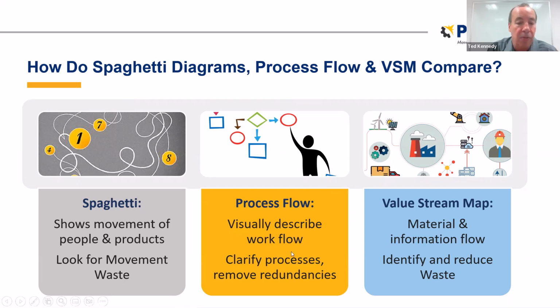With process flow mapping, you're looking at eliminating wasteful processes in the system. But with value stream mapping, you look at even more, like the excess material in the system, and delays. You're really focusing on delays that are in the system.